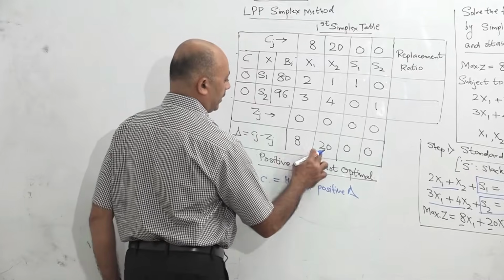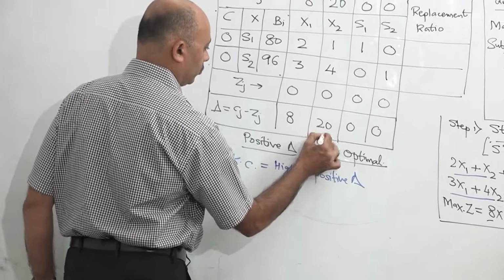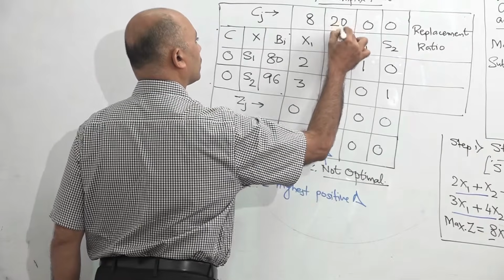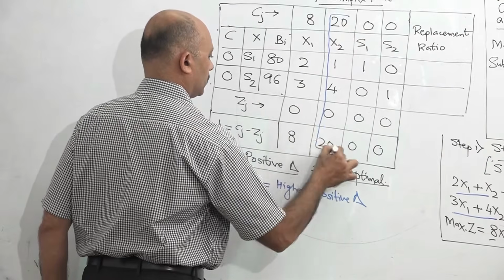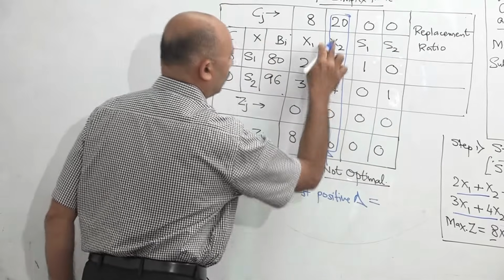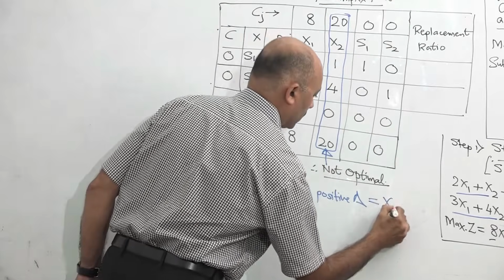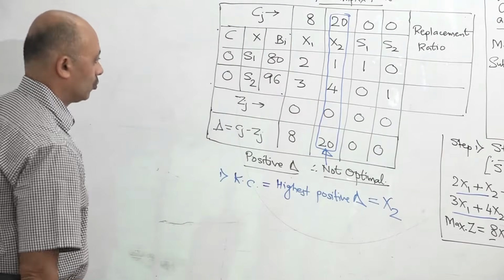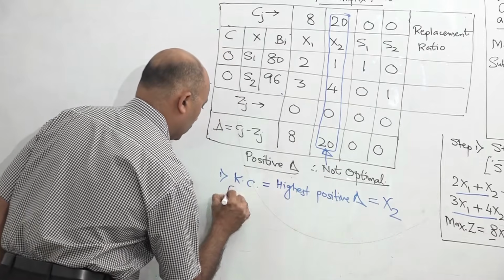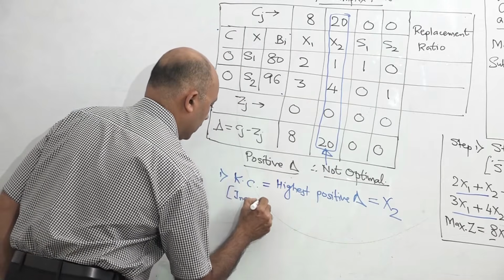So now 8 and 20, two positive deltas, the highest is 20, so we select this column. Okay, so this column we have selected. That is the column of which variable? X2. So now our KC is X2. Okay, and this KC is called the incoming variable.